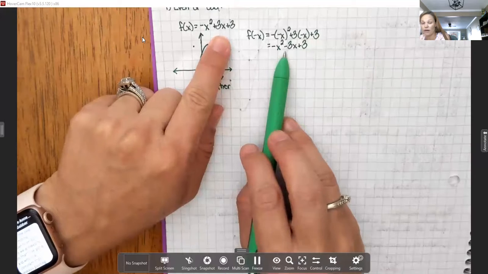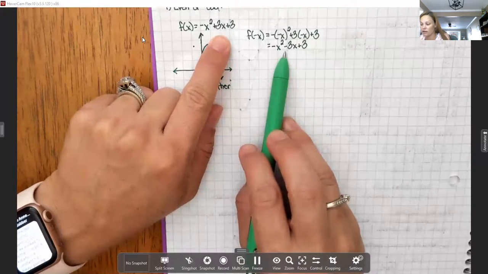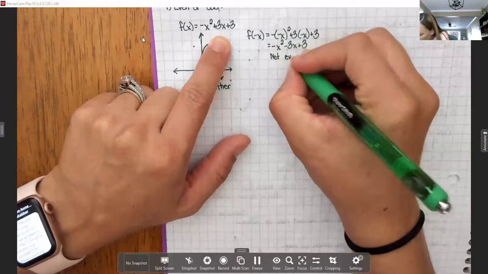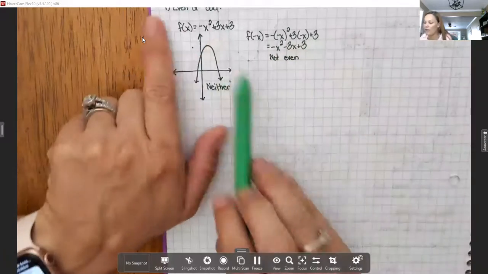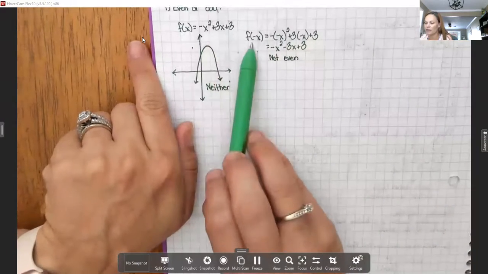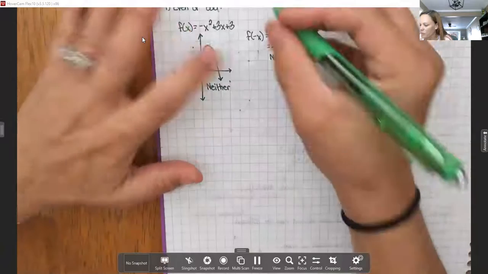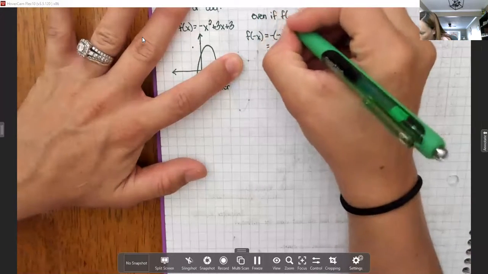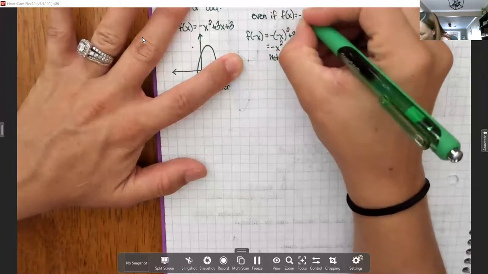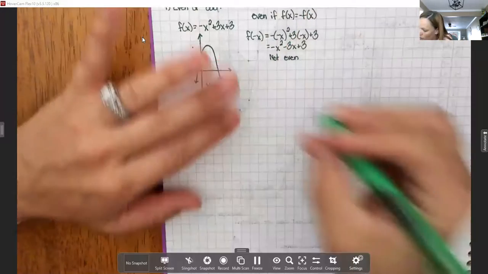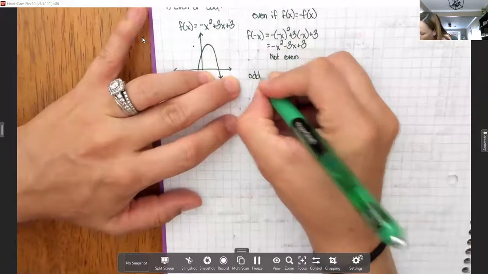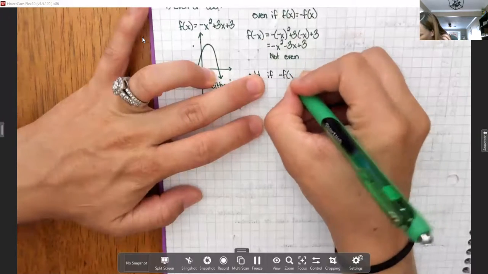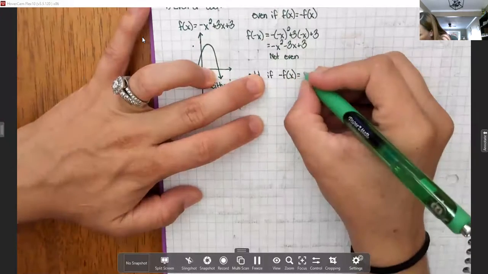Since these are different, this tells us it's not even at least. Again, if it's even, f of x is equal to f of negative x.